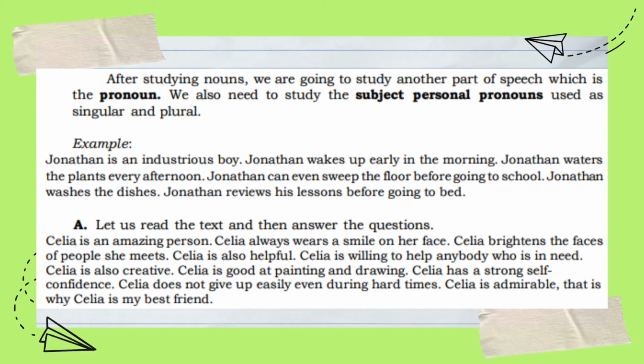Okay. Now, is that good to hear? So, everything about Celia is being described in the paragraph. In every sentence, it contains the word Celia. And in the first one, in every sentence, Jonathan is being said.